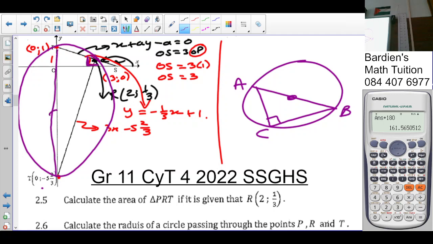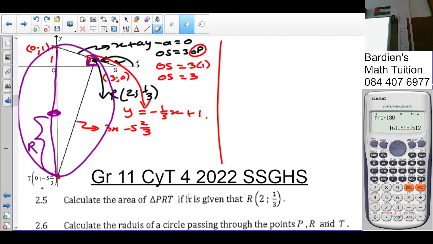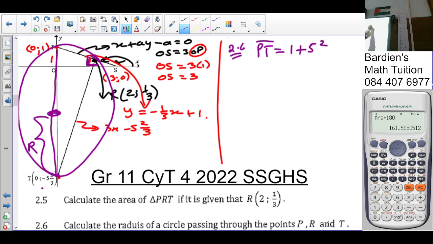So half of your diameter is your radius. Not so. So the length of PT is going to be 1 minus 5 and 2/3, which gives you 6 and 2/3.